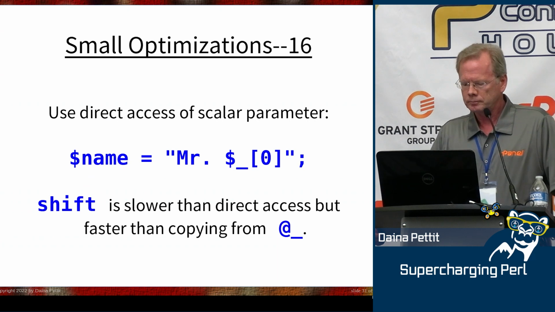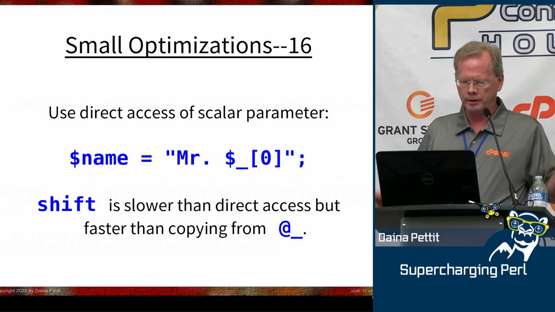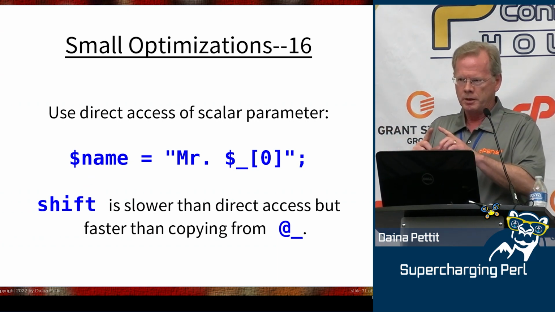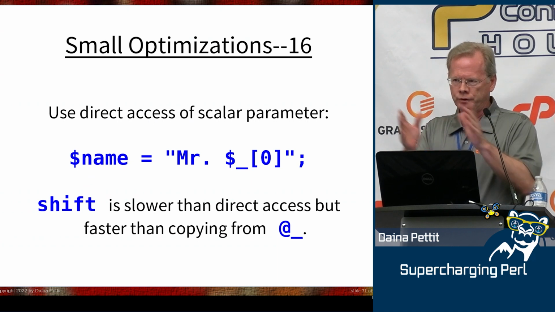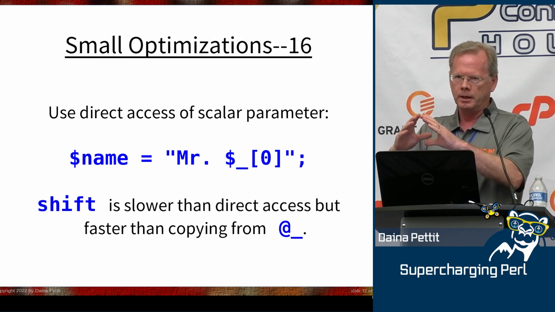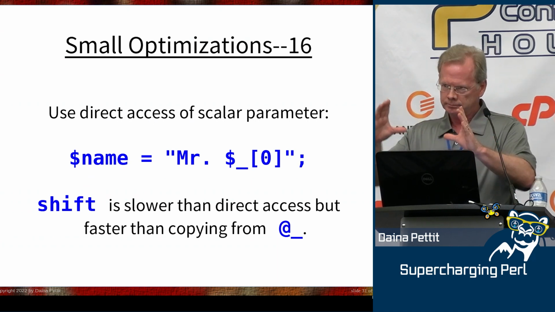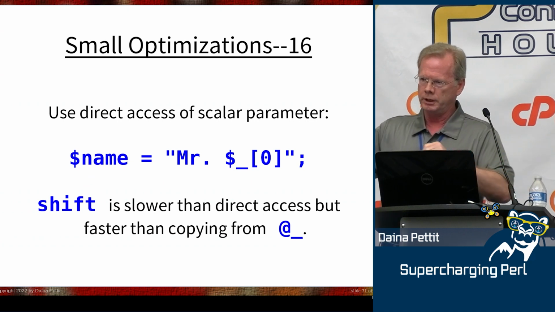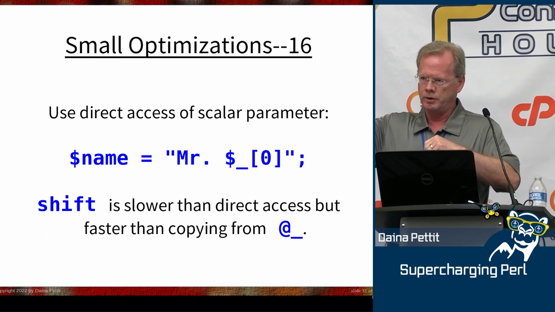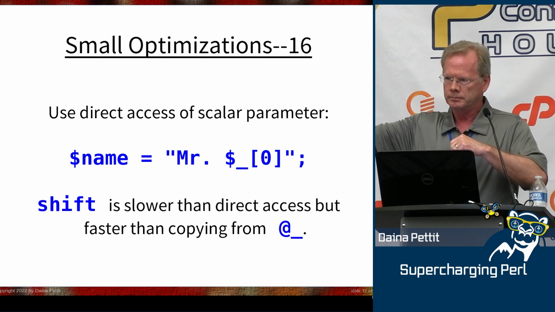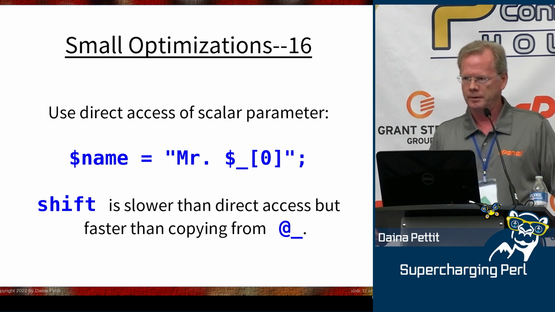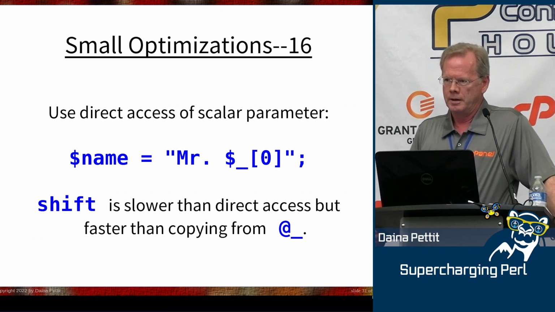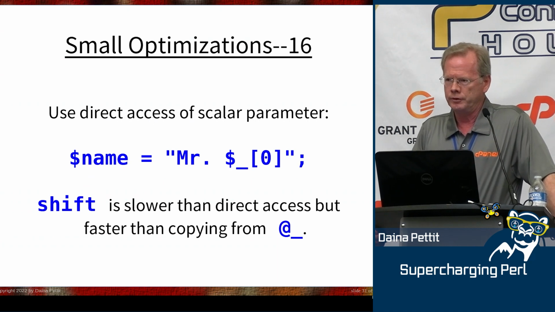Yeah, so the question is, let me state this, make sure I understand. The shifting is faster than doing a my with your variables equals the @_. Yeah, it's actually, it surprised me, but shift is actually faster.